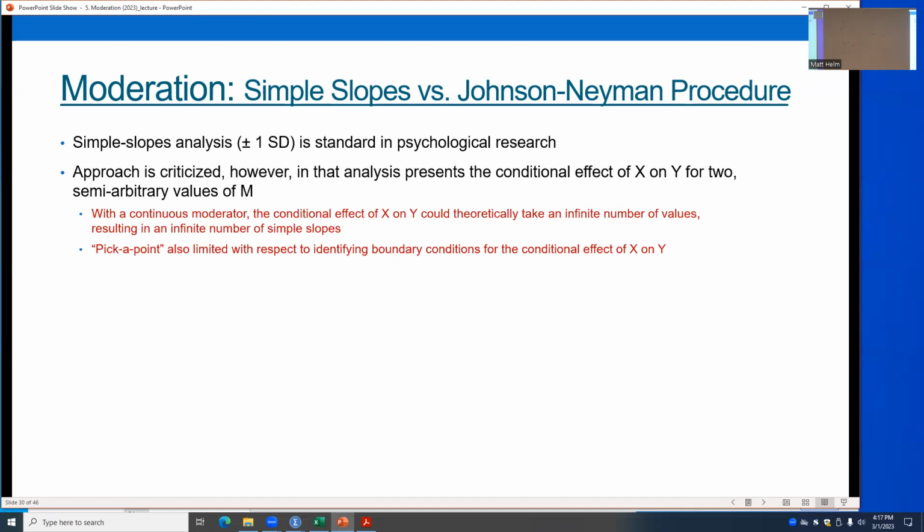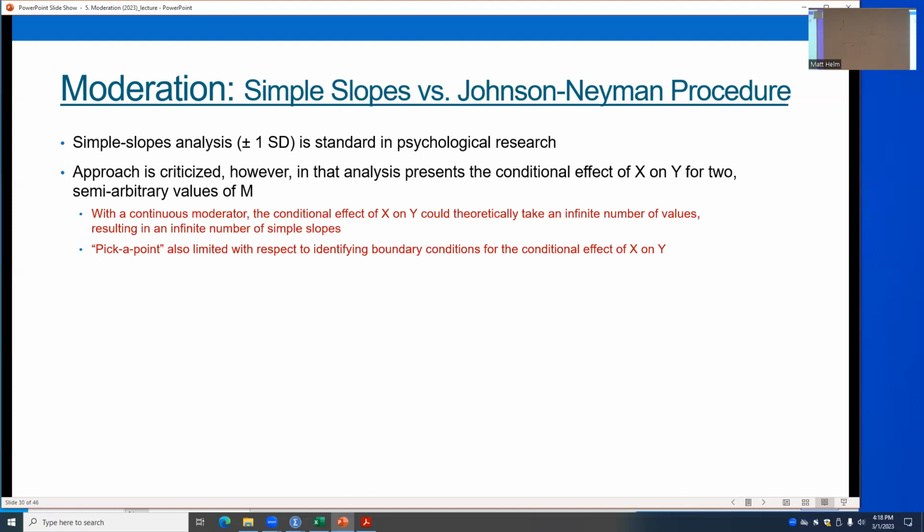People criticize this as a pick-a-point approach. With a continuous moderator, a standard deviation above and below is just 2 points out of an infinite number of points where we could look at the conditional effect of X on Y. And if I really wanted to make those slopes look different, I could choose increasingly large values of my moderator, and those slopes would get increasingly different, right?